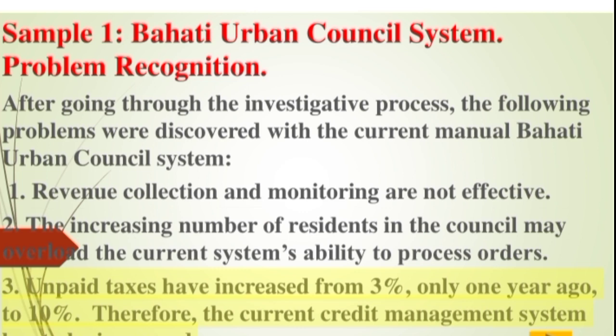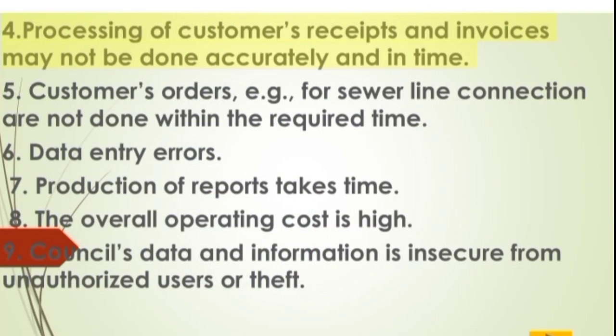Unpaid taxes have increased from 3%, only 1 year ago, to 10%. Therefore, the current credit management system has to be improved. 4. Processing of customers' receipts and invoices may not be done accurately and in time. 5. Customers' orders, e.g., for sewer line connection, are not done within the required time.